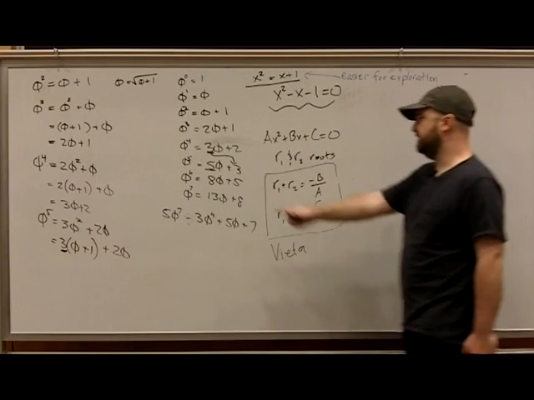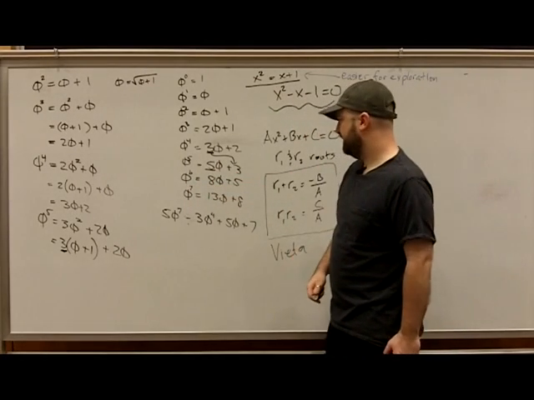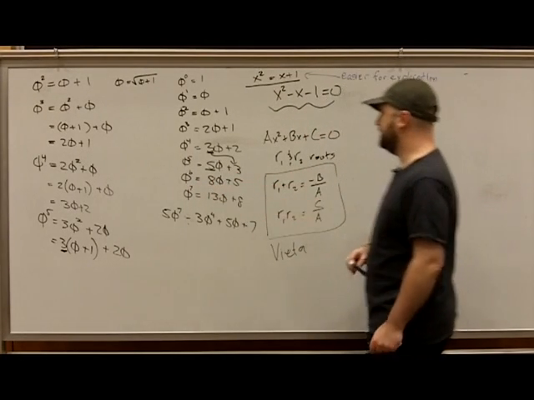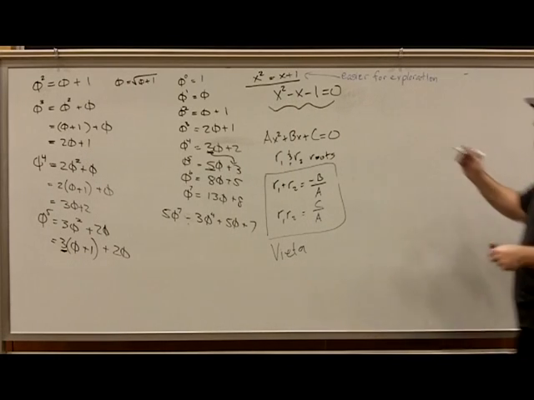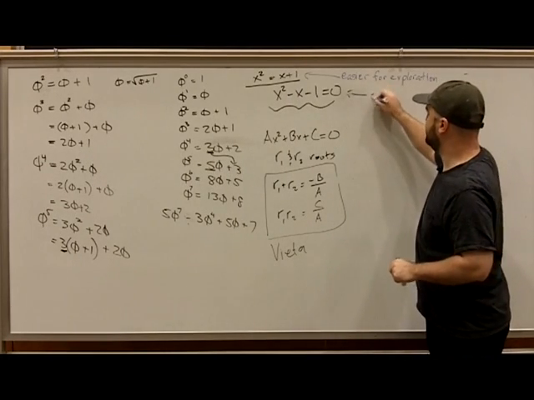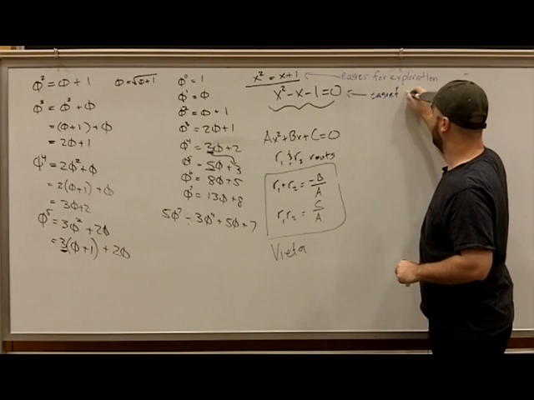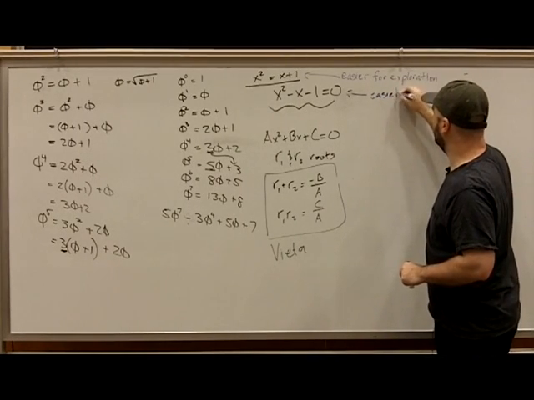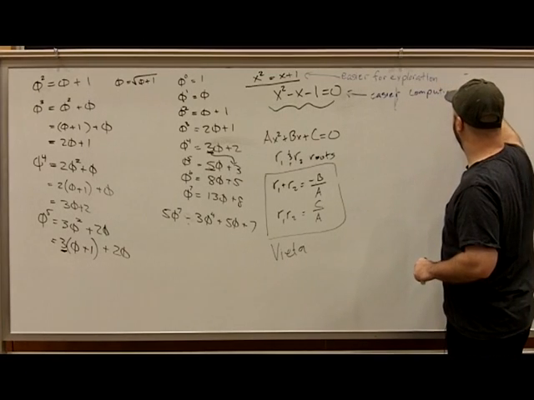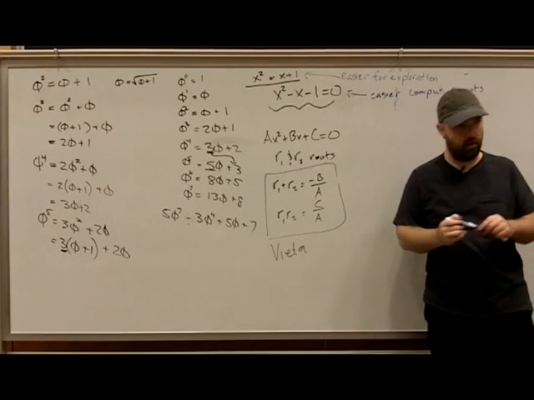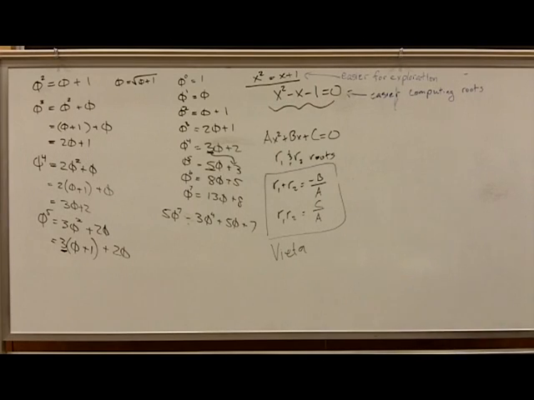I don't know, maybe you think x to the 7th is simpler. Sometimes it is. Sometimes 13 phi plus 8 is simpler. But in some ways, it was easier for exploration. This one right here is probably easier for computing roots, because either we complete the square or we apply the quadratic formula.